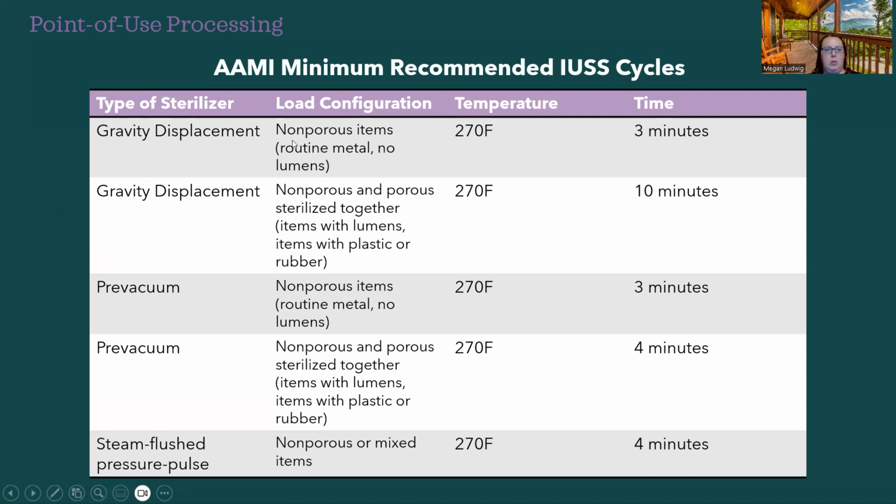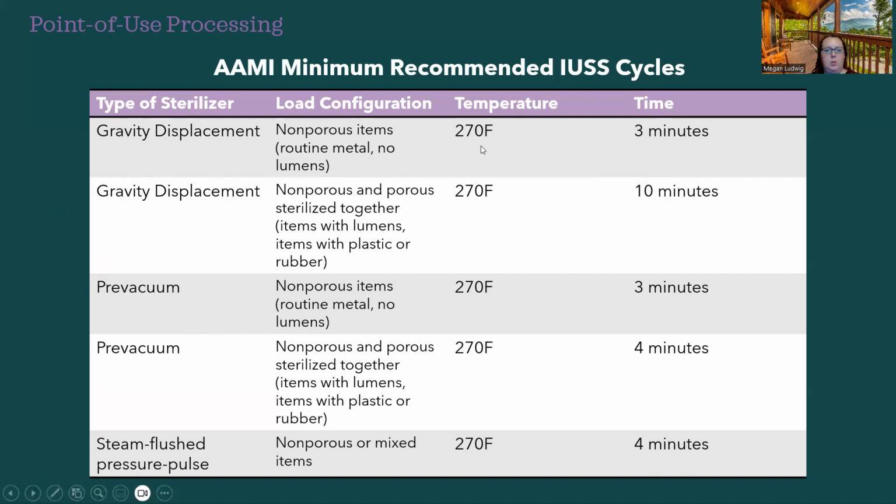So load configuration, notice non-porous items. Porous means like it has holes in it, lumens, okay? So non-porous or porous sterilized together, like with a lumen or plastic or rubber, those are kind of porous items. You have to up the time to make sure it gets into those spaces efficiently.